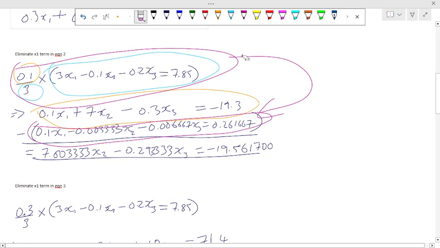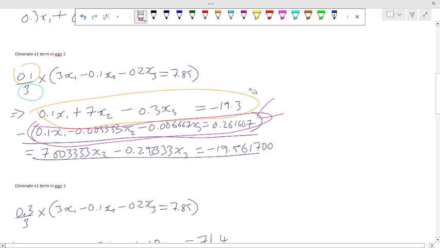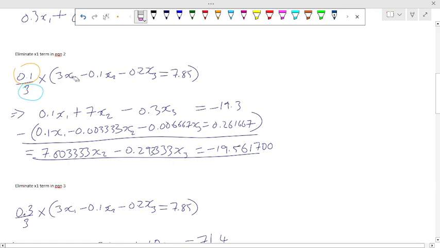And we are doing this in order to eliminate the x1 term in equation 2. When you do this subtraction, you will get this number. With this, the x1 term has successfully been removed from equation 2. This will be the new equation 2.